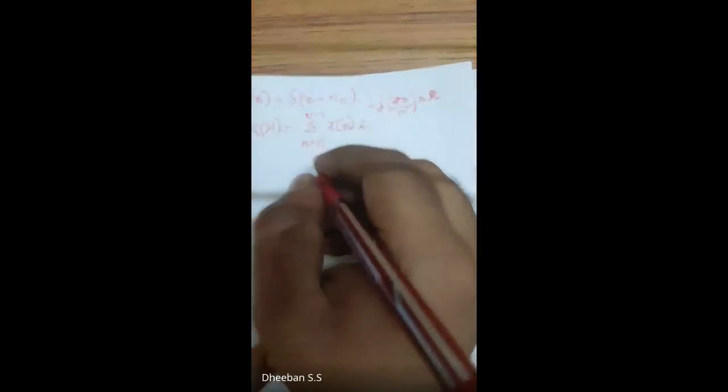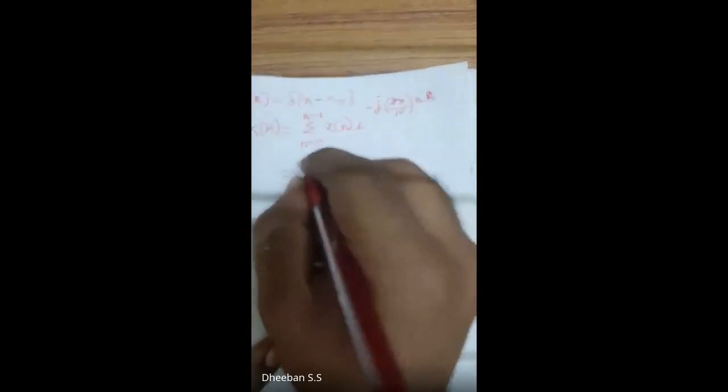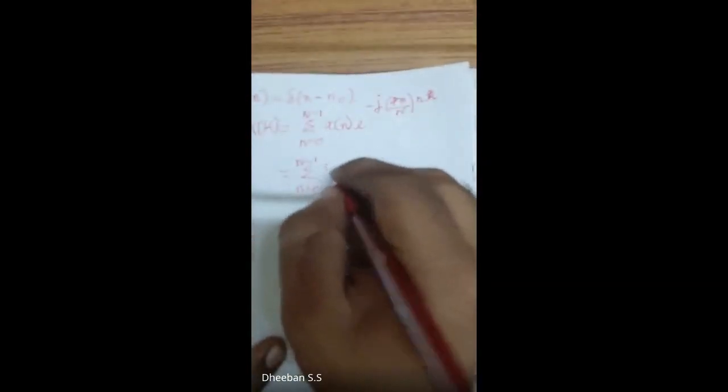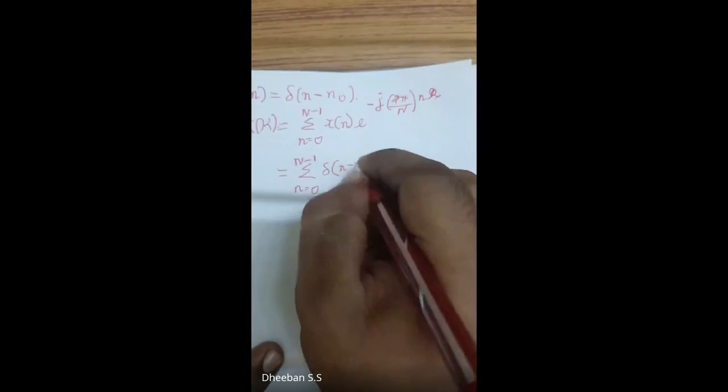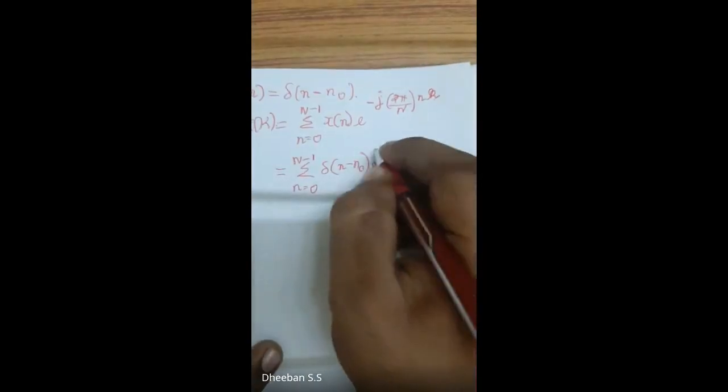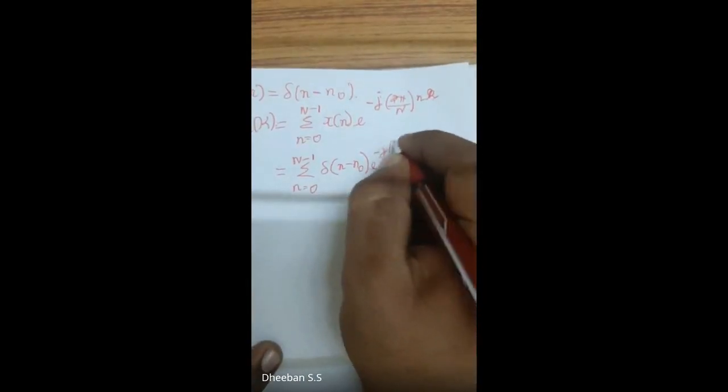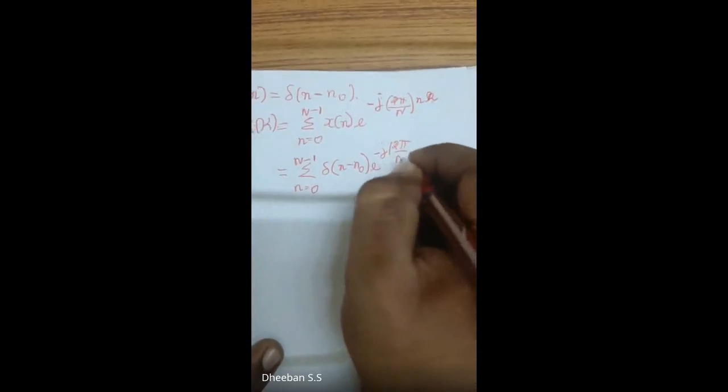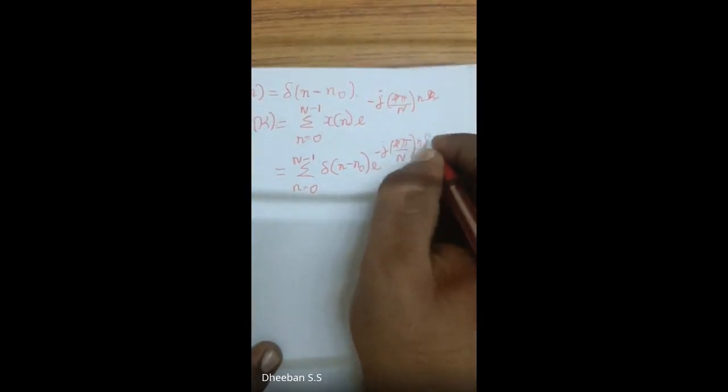Now substitute the value of x of n: summation n equal to 0 to N minus 1, delta n minus n naught, e power minus j into 2 pi by capital N into small n into k.